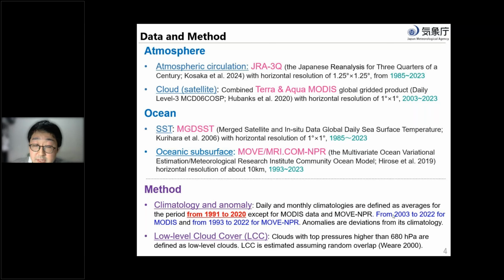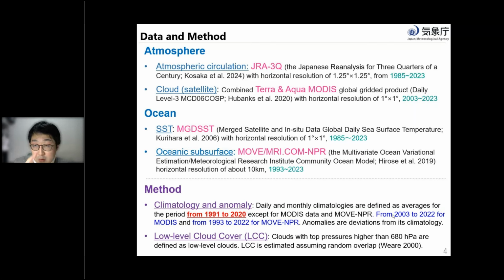In this study, climatological normals are defined as 30-year averages from 1991 to 2020, except for MODIS data and oceanic subsurface data due to their data availability. Anomalies are deviations from the climatological normal. Low-level cloud cover is estimated from MODIS satellite data, and here clouds with top pressure higher than 680 hectopascal are defined as low-level cloud.